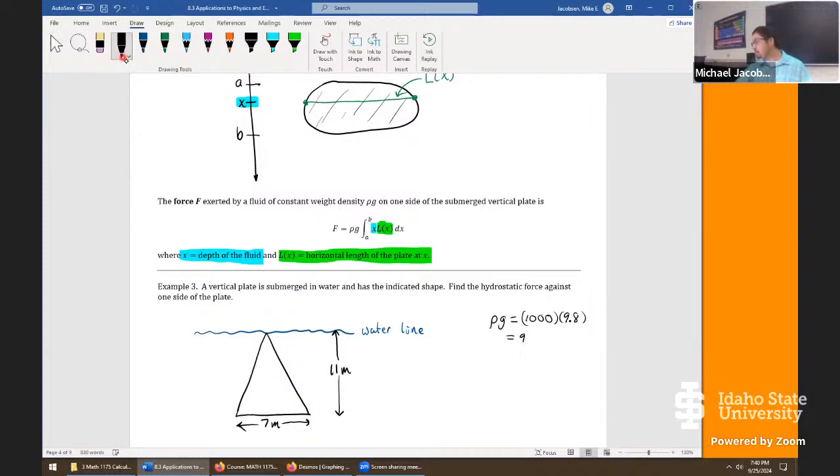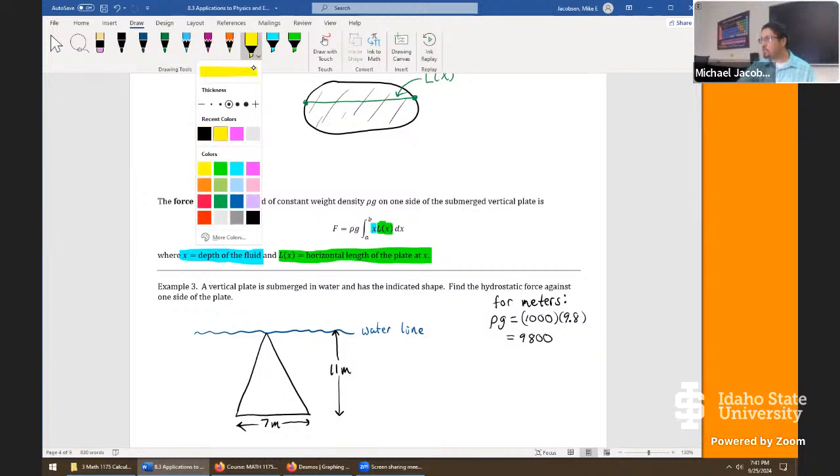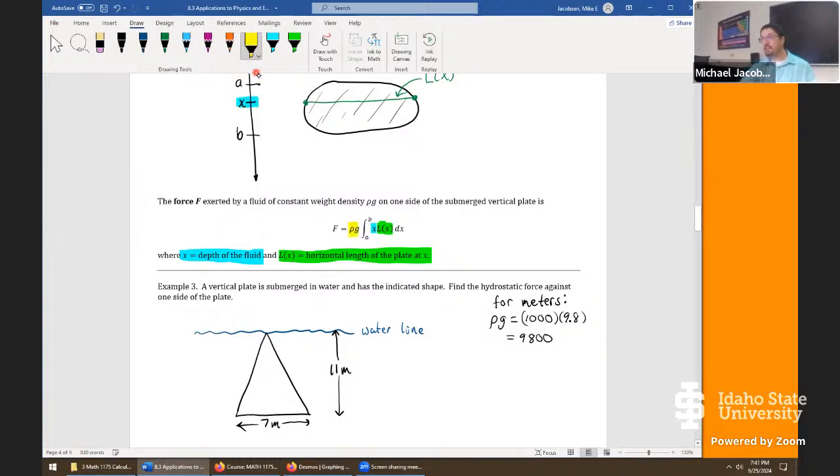So this just turns into 9,800. So that's rho g in this problem if you're dealing with meters. It's kind of nice that this part of the problem is totally decided, only because we're dealing with the weight density of water. I'm not going to give anything like kerosene or something like that. So for meters, that's our rho g.